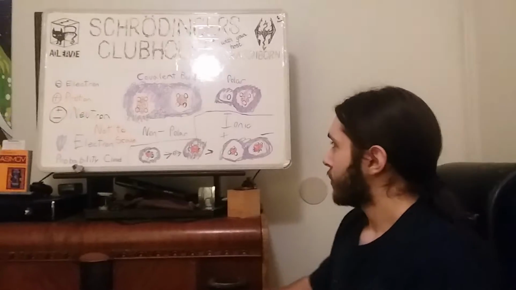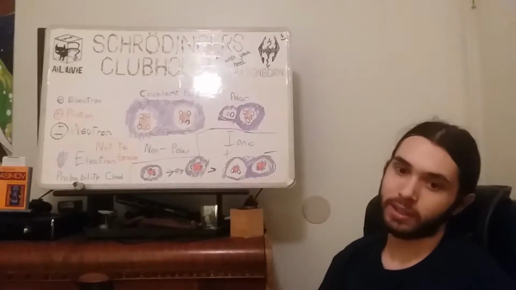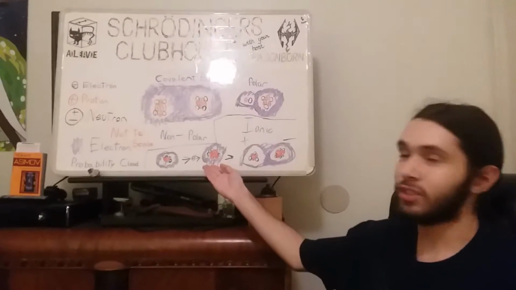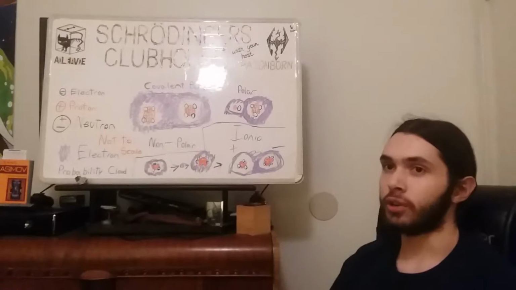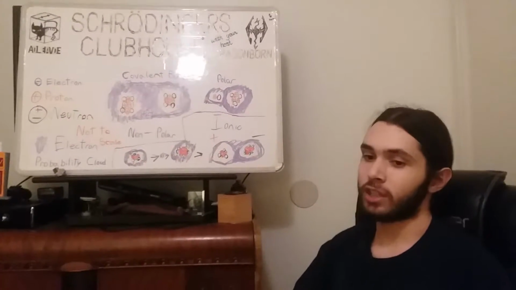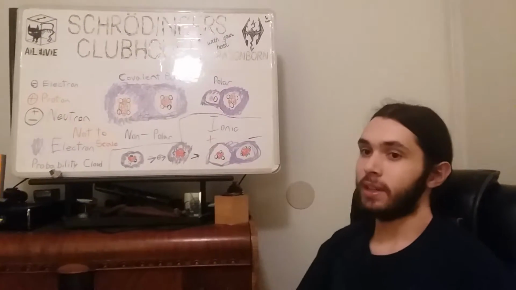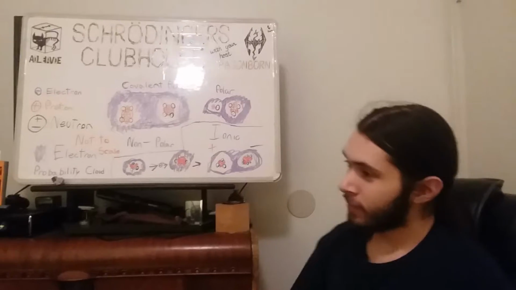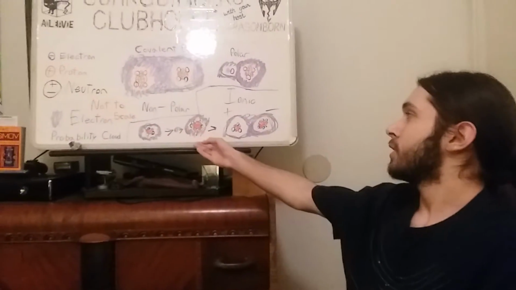The final type is an ionic bond. This is what leads to table salt, a combination of chlorine, which I've already mentioned, which takes electrons and is a deadly gas, and sodium, an explosive metal. Combine the two together, and you get an ionic bond.